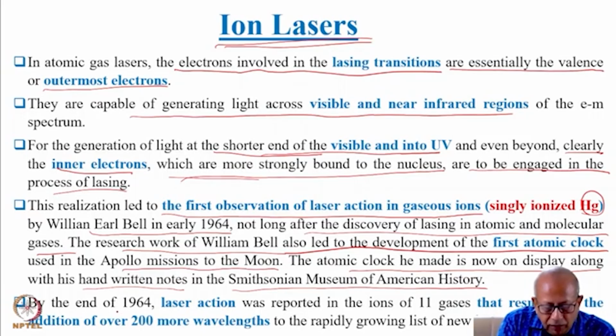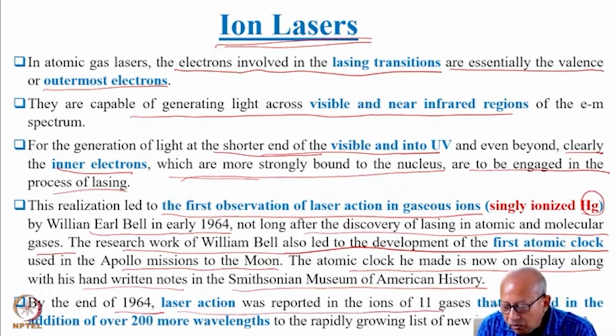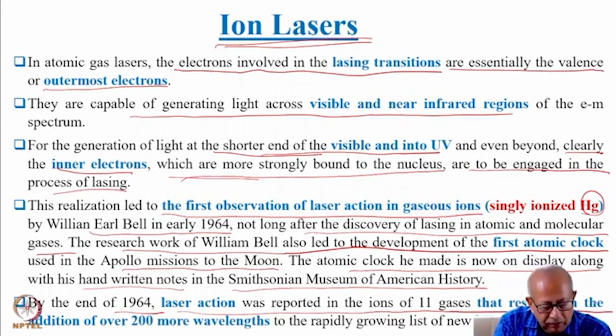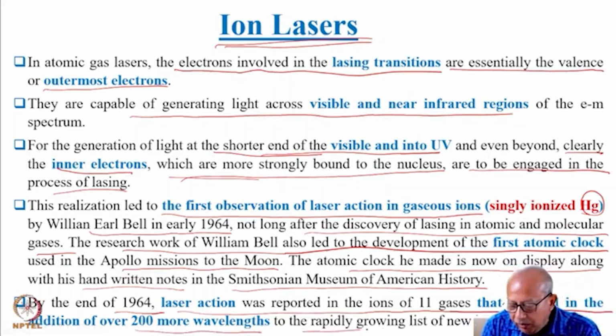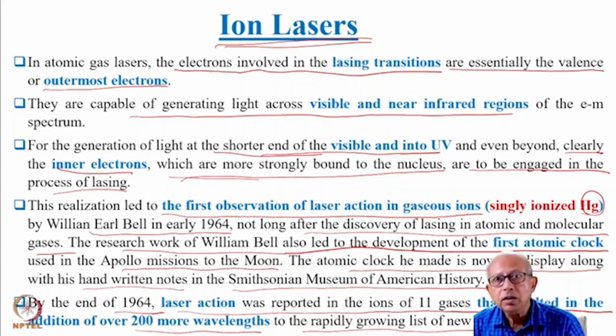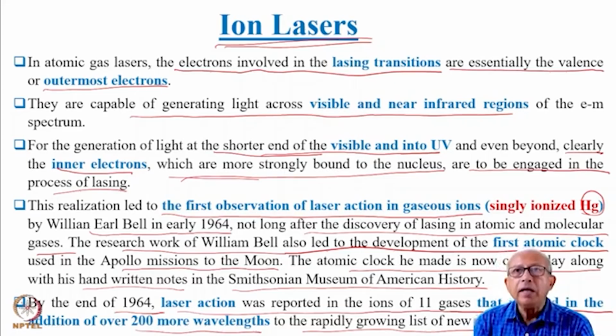And by the end of 1964, laser action was reported in the ions of 11 gases, which resulted in the addition of 200 more wavelengths to the rapidly growing list of new lasers at that time. As you know, at that time there was a concentrated activity to obtain coherent light at newer and newer wavelengths.